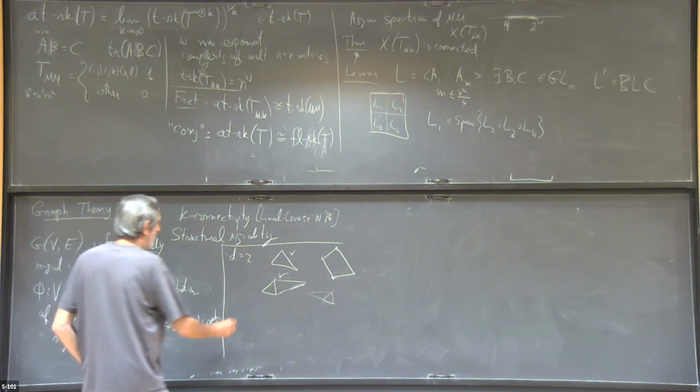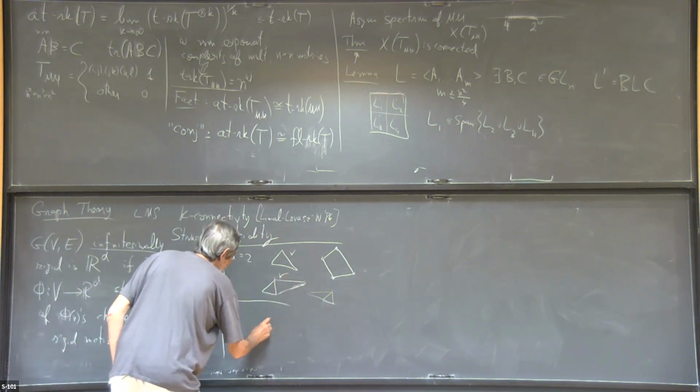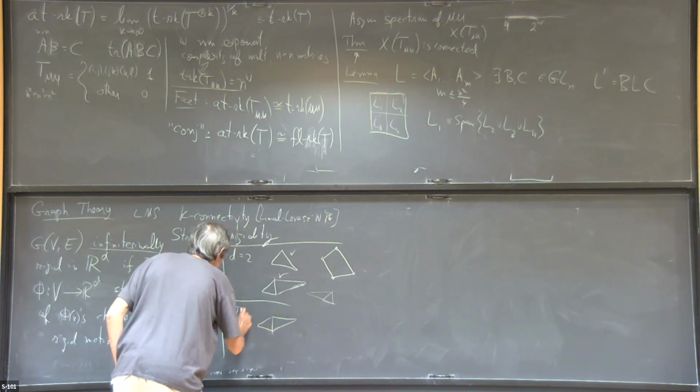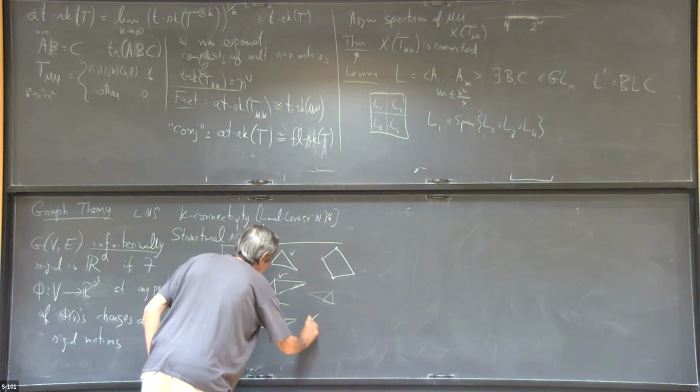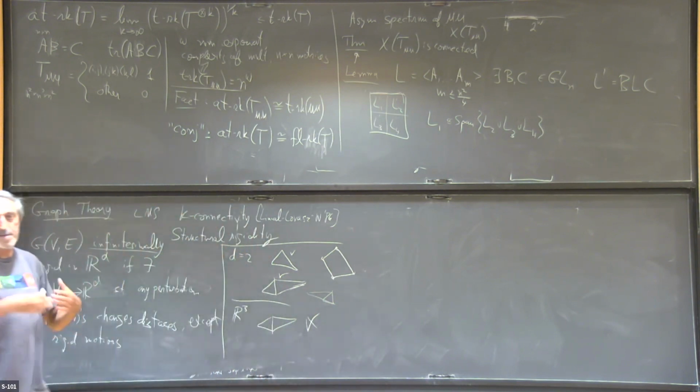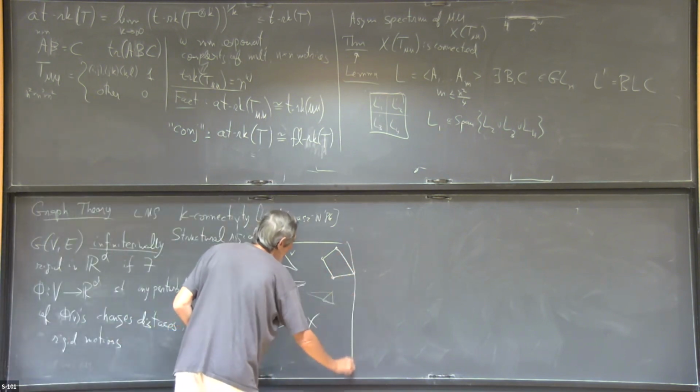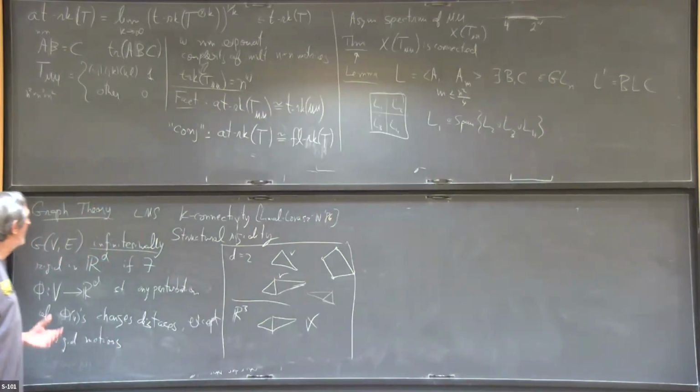And of course this very graph, if I consider R^3, would not be rigid, right? In R^3 I could flex it. Okay, so that's structural rigidity. And why am I talking about it here?